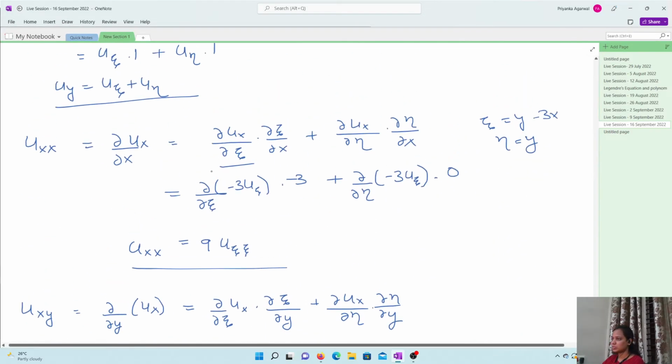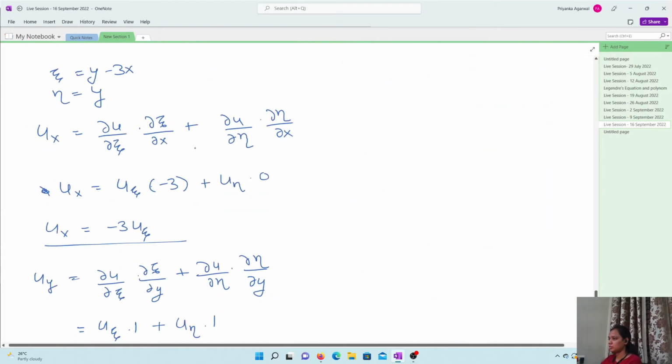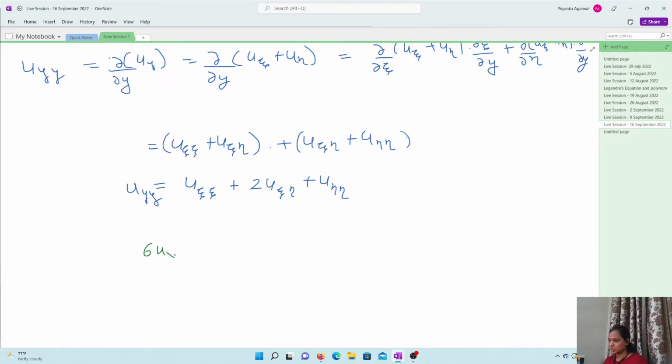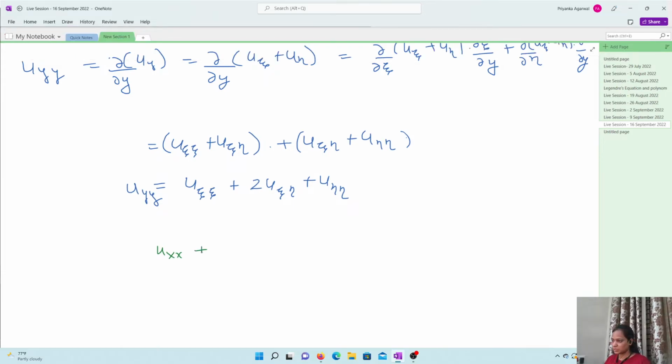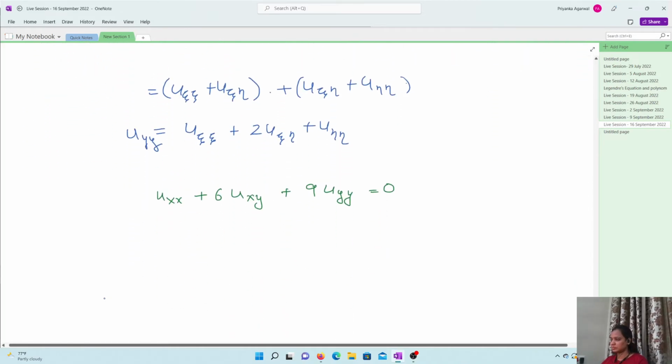Now let's see what the original equation was. This: uxx plus 6 uxy plus 9 uyy equals 0. So let's write it down.